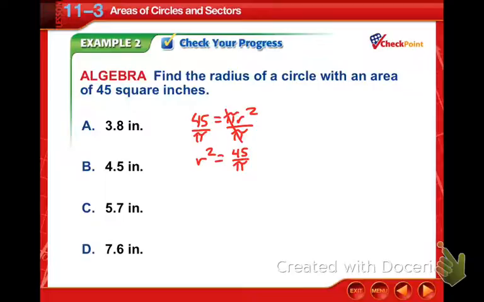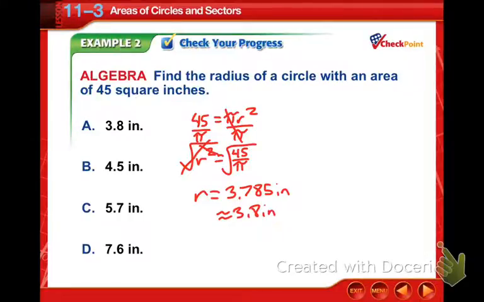I'm going to leave the pi in this time for now. Square root both sides. So r comes out to about 3.785 inches, which would round to 3.8 inches. So that means our answer should be A.